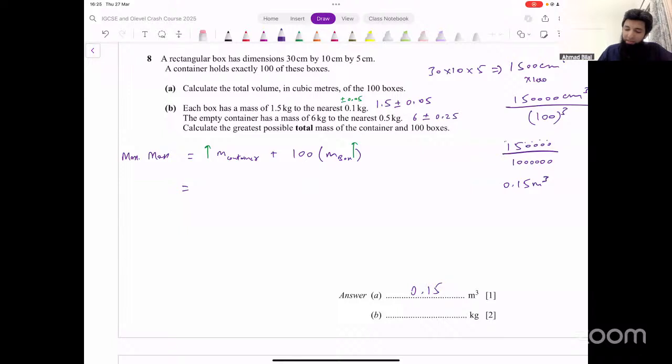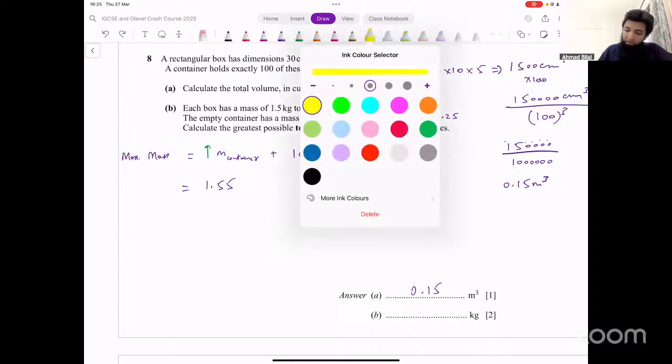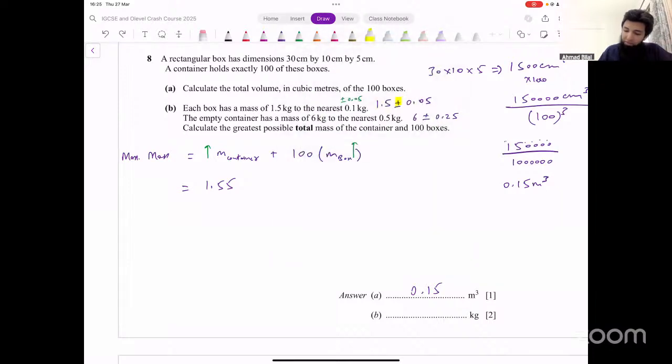So what's the maximum possible value of mass? We would say that's 1.5 plus 0.05, what's that going to be? 1.55, right? We add this, and similarly, the greatest possible value, so sorry, that was supposed to be for the container first of all. That is 6 plus 0.25, that's 6.25, plus 100 times mass of one box.